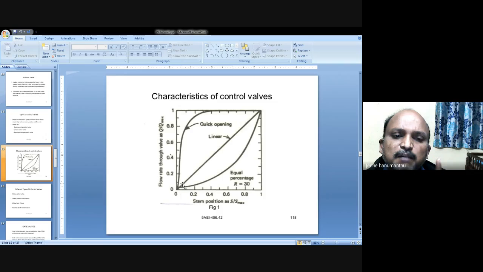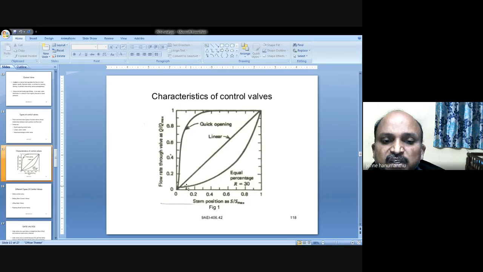That relation, percentage of change between stem position and flow rate, is available in the equal percentage control valve. How can you understand it graphically? Analyze it with the graph drawn between stem position and flow rate.